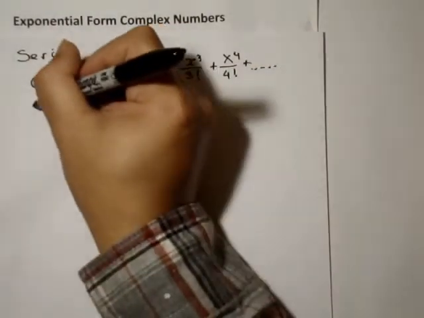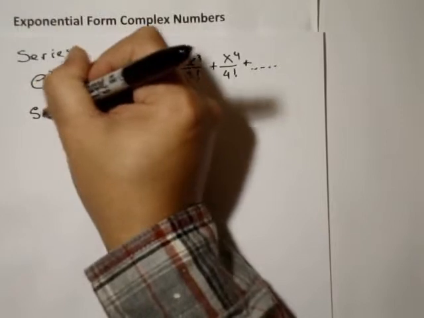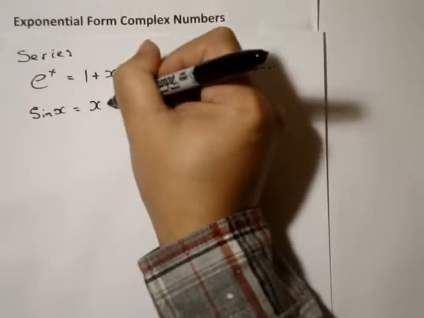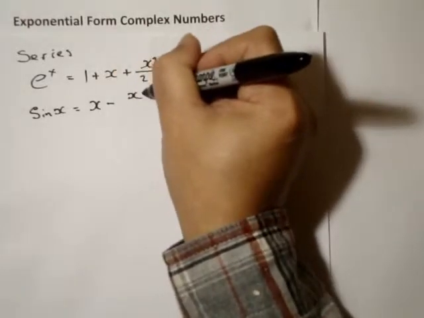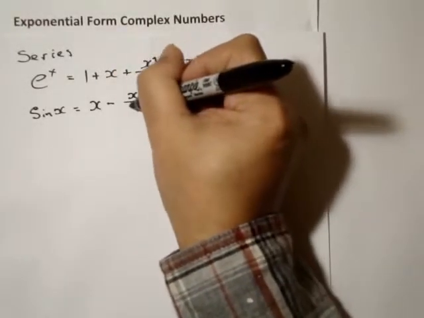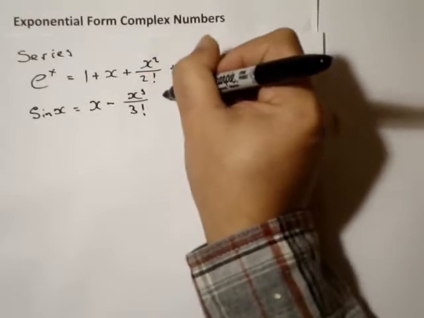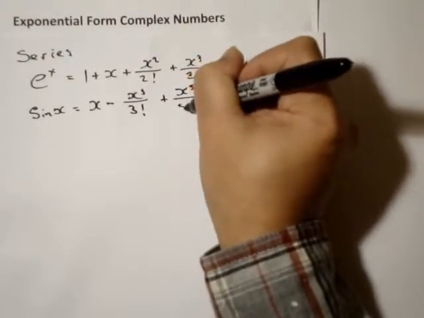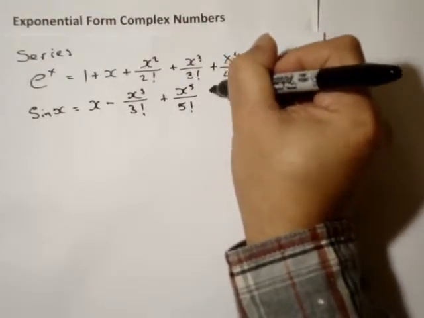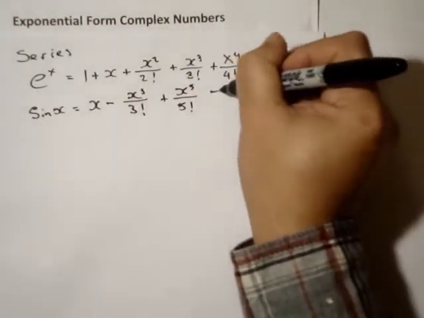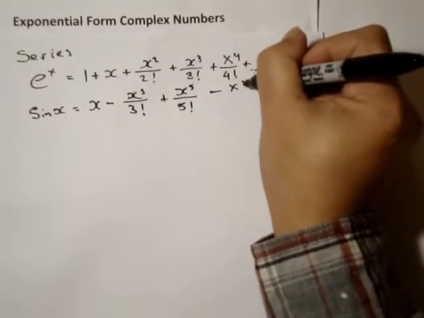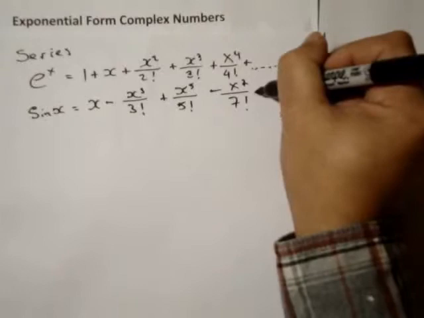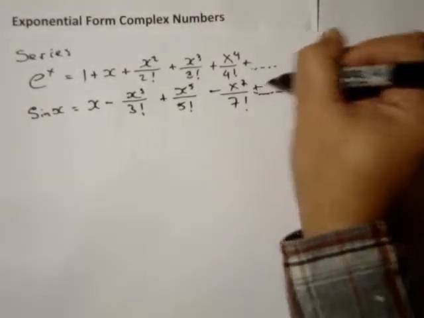If we have a look at the series for sine of x, we have x minus x cubed over 3 factorial plus x to the power 5 over 5 factorial minus x to the power 7 over 7 factorial, and so on.